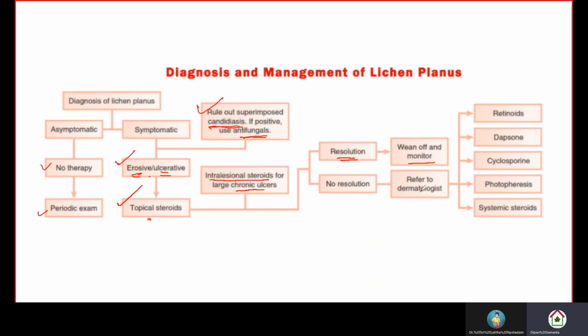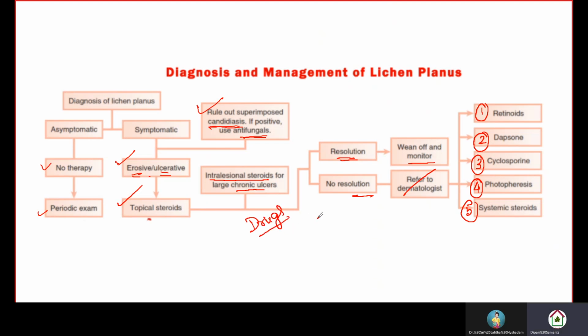If it is not controlled, then we need to refer to a dermatologist. We need to go for other drugs like retinoids, dapsone, cyclosporine, photopheresis, systemic steroid. So basically, what are the management options or drug options we have?